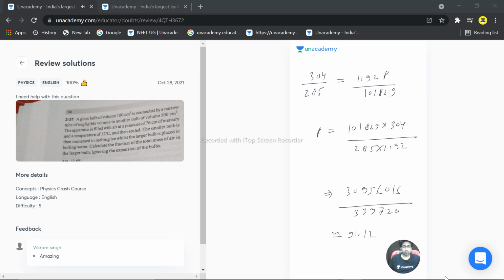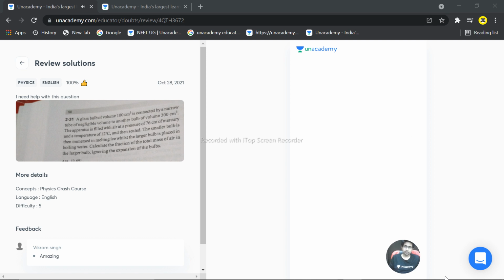Now we have calculated this. Now the fraction of total mass of air in the larger bulb is what we are calculating. That is equal to NF2 divided by N initial 1 plus N initial 2.